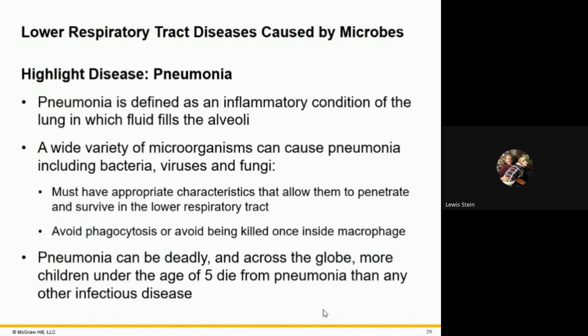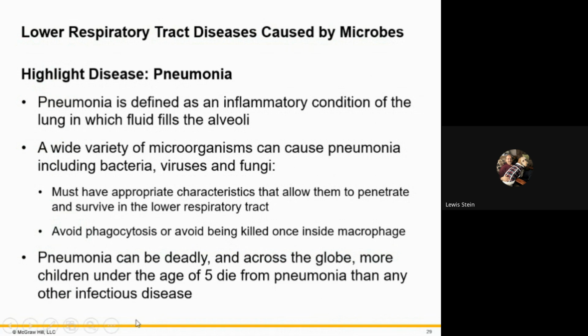It may or may not be here, but while we're here, let's talk about pneumonia. It's a highlight disease. The lungs fill with fluid, typically fluid that has a pus component, and it varies as to how much pus, how thick the fluid is, all of those things, but they fill the alveoli, and it's sort of like you're drowning inside, because with all that fluid, you can't exchange oxygen and carbon dioxide.